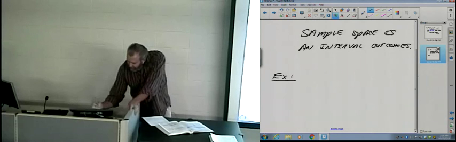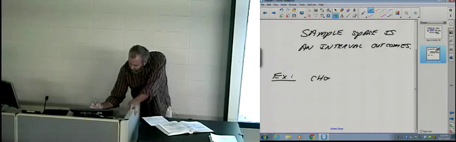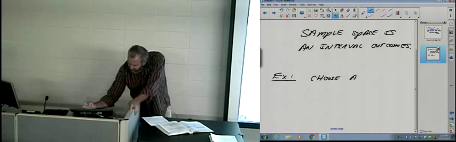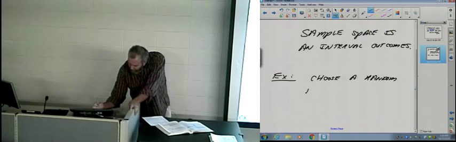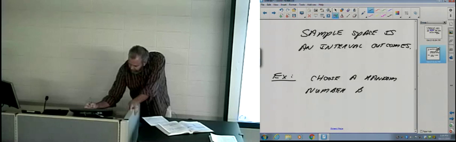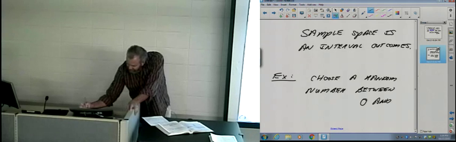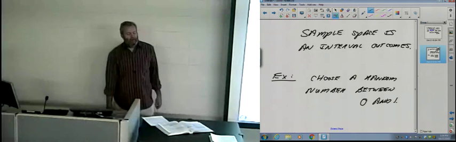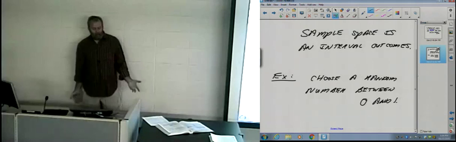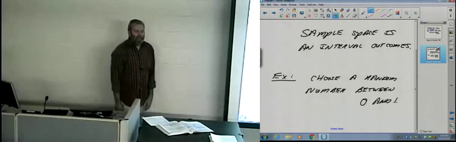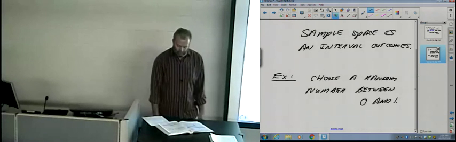So what I mean is I want to choose a random number between 0 and 1. I have a random number generator, and it's going to generate a number between 0 and 1. You can include 0 and you can include 1.